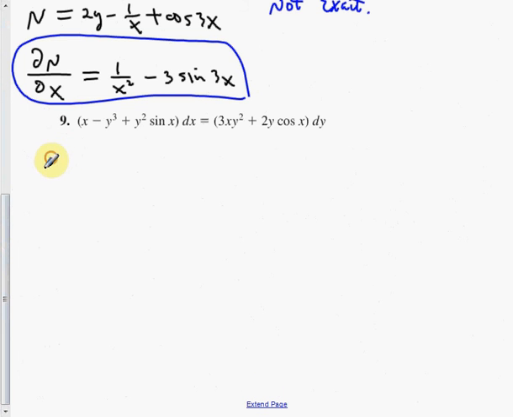So this is x minus y cubed plus y squared sine x dx, this is minus now, parentheses. For you, and I'll show you when I work it out, it's a negative applied to each of those terms, right?